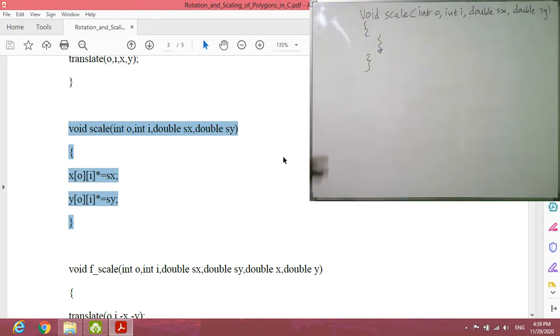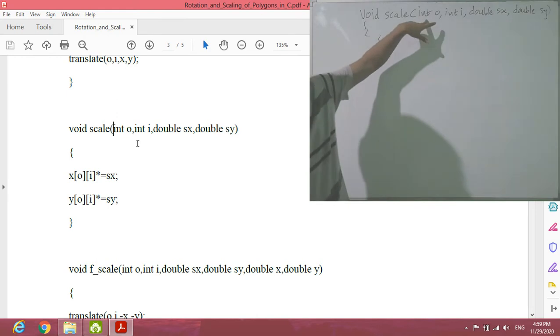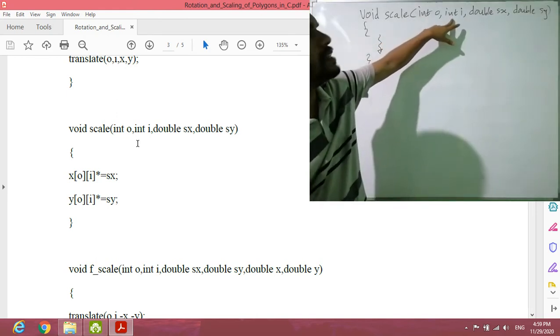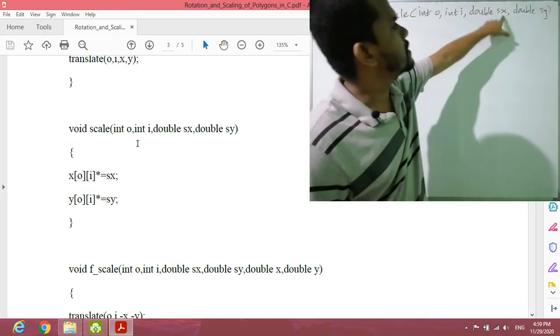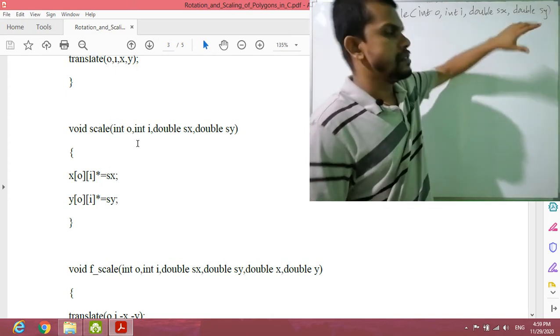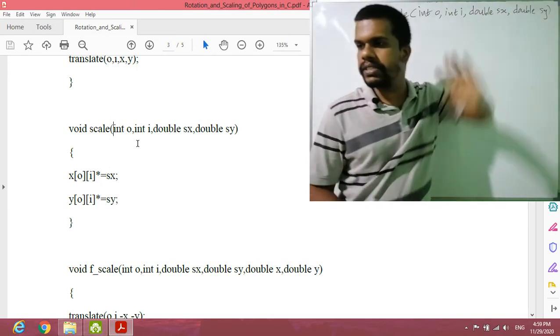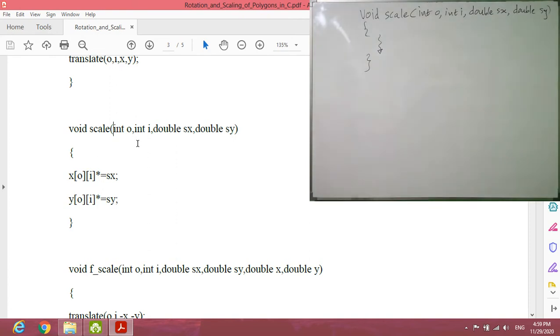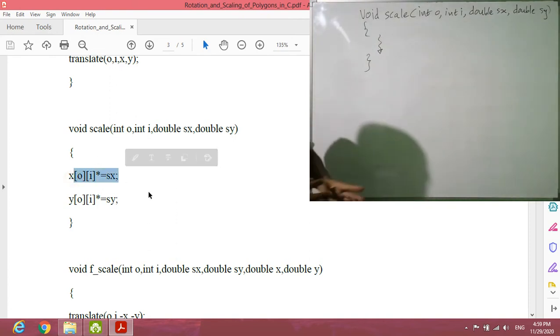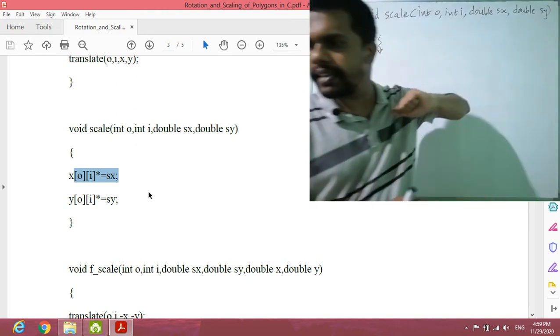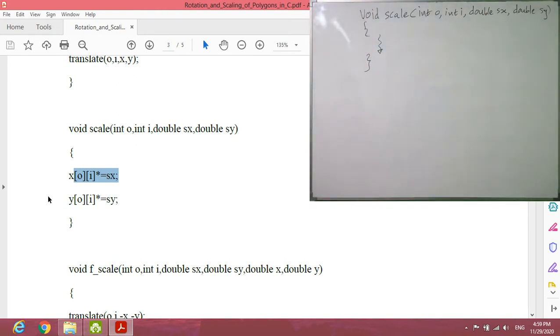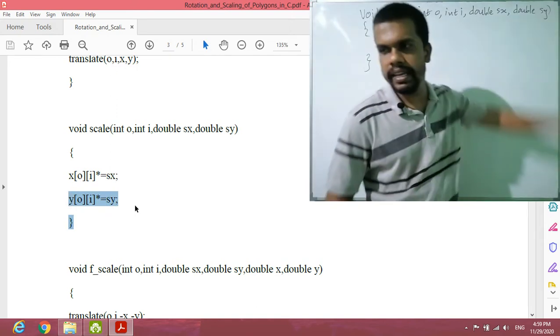Here this is the index of the polygon, then this is the index of the vertex. We specify two amounts, and here what we do is multiply the x coordinate by the value of sx, and the y coordinate by sy.